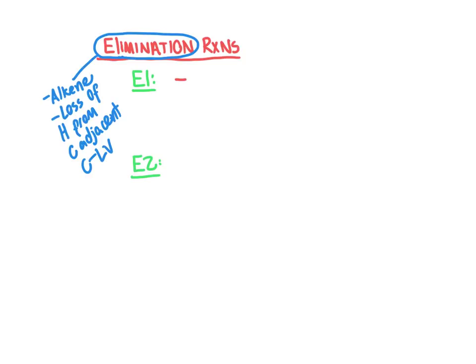In the E1 mechanism, remember that we're talking about the rate of the reaction. The rate of the reaction is proportional only to the concentration of the starting material that has the leaving group. It is not proportional at all to the concentration of the base. And so therefore we could write the rate equation as k times the concentration of RLV.